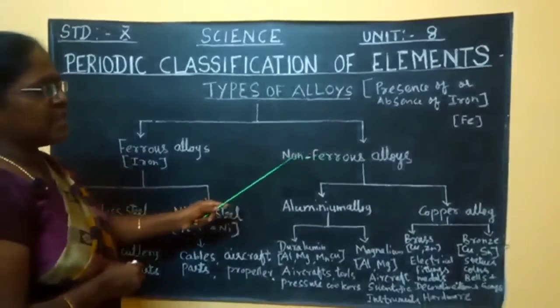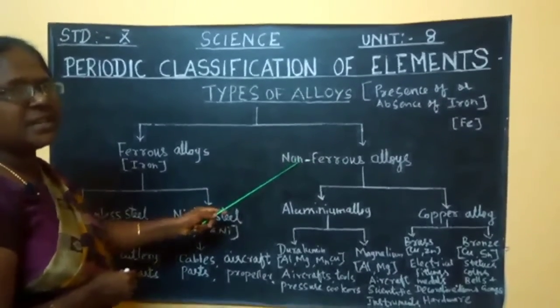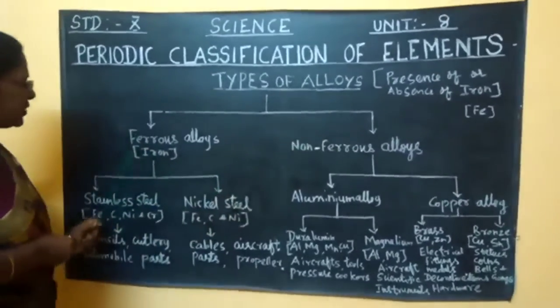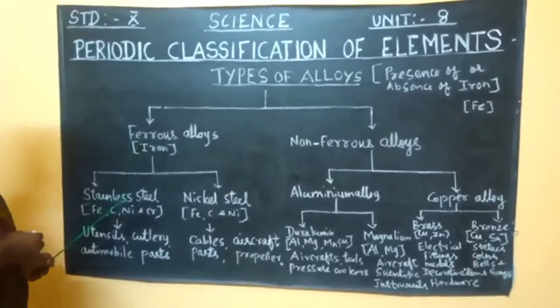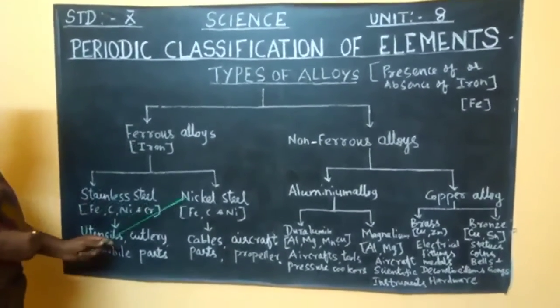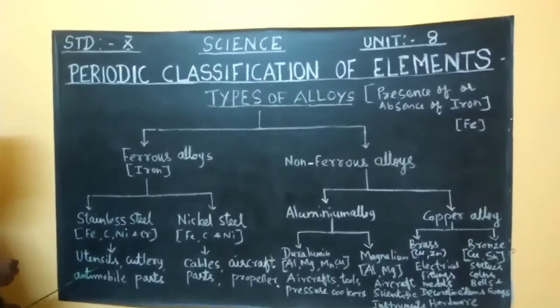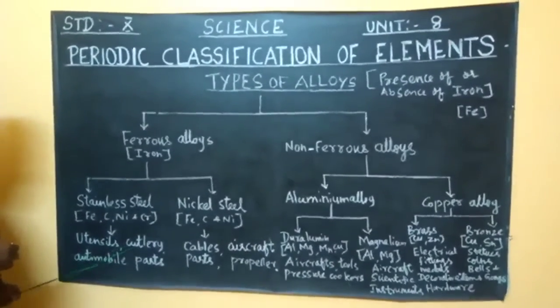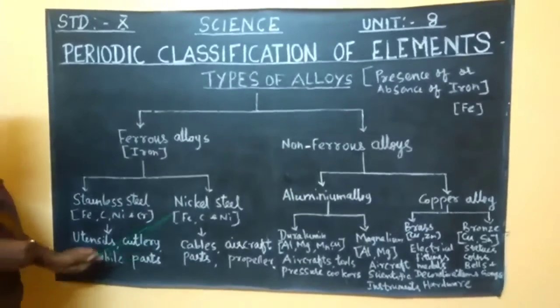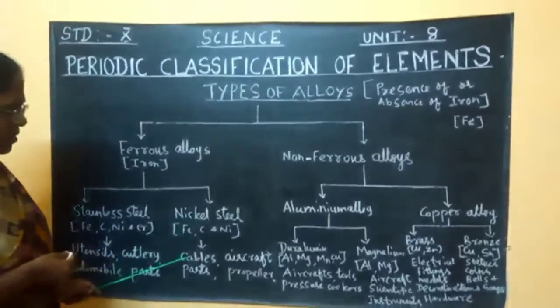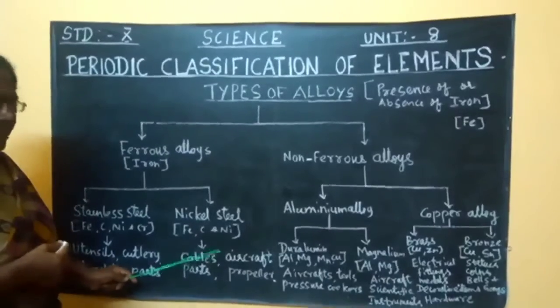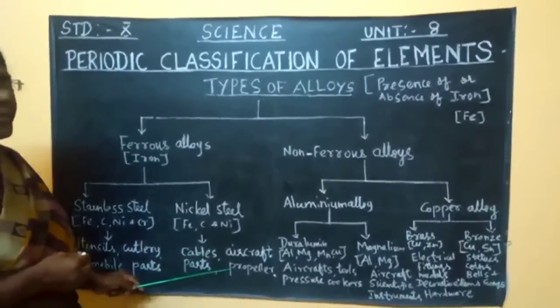Non-ferrous alloys means iron is not present as a major component. Examples of ferrous alloys are stainless steel and nickel steel. Stainless steel is used to make utensils, cutlery and automobile parts. Nickel steel is used to make cables, aircraft parts and propellers.